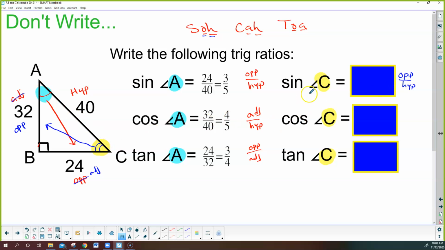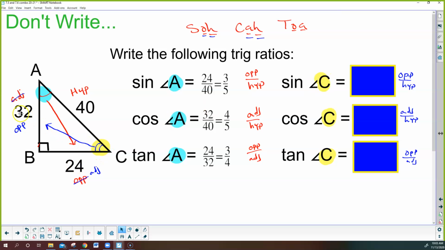Well, the ratios aren't going to change. Sine is still opposite over hypotenuse. Cosine is still adjacent over hypotenuse. And tangent is still opposite over adjacent. All right, so now let's just look. What is the sine of reference angle C?